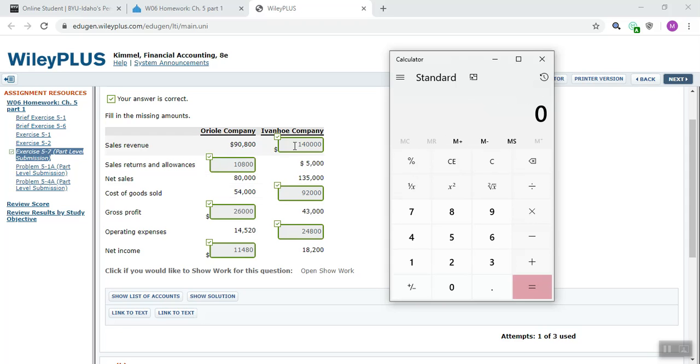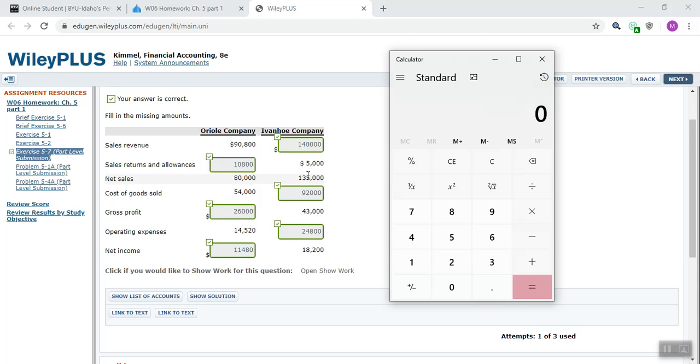On the other side, we have Ivanhoe Company, and we're looking for the sales revenue. They're giving us the sales returns and allowances, which is 5,000, and the net sales is 135,000. Keep in mind that net sales is the sales revenue minus sales returns and allowances.